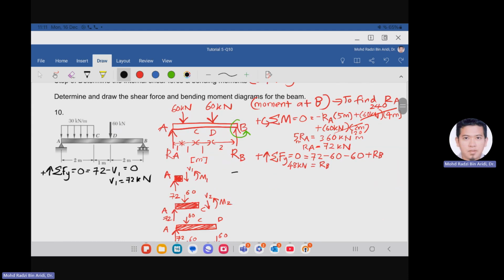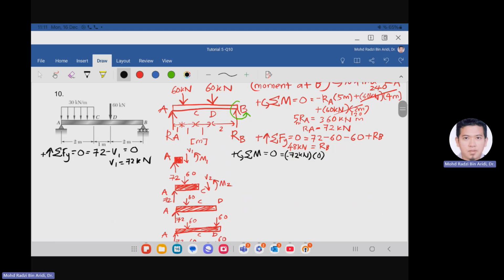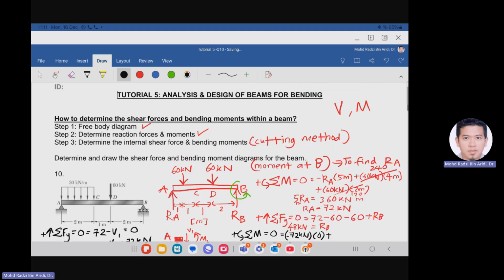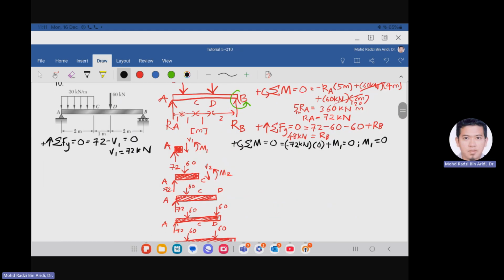For the moment, consider positive counterclockwise, the summation of moment must be 0. So 72 will be negative since the direction is opposite to the counterclockwise. So M1 will be plus. Finally, we get M1 equals 0. Why is the value 72 times 0? Why is the distance 0?